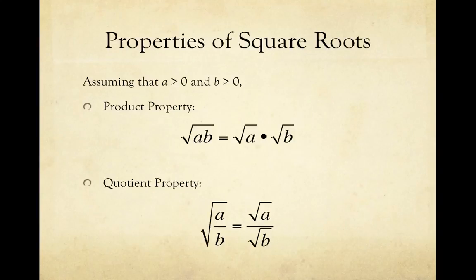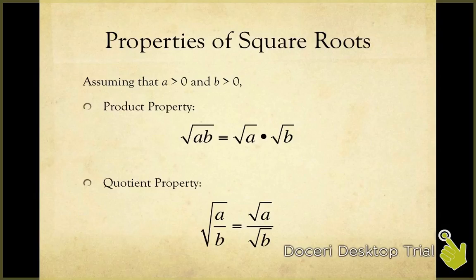So what the product property basically says is if we're taking the square root of something here, which can be split up into two factors, it is equivalent to say that the square root of the product is the same as the square root of the one factor times the square root of the second factor. Okay, those two forms are equivalent.